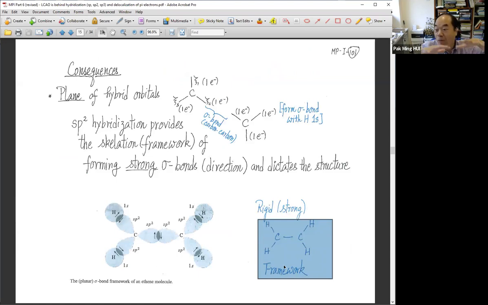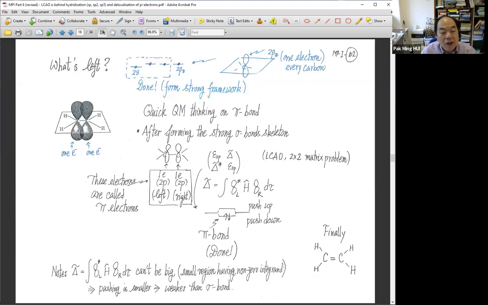They already form what they need to do. So when we consider this, we need not consider all the other things again. And then it is itself just a 2x2 matrix kind of thing, because we have only 2 atomic orbitals, 1 from each carbon. You set up a LCAO, it's just a 2x2 problem.